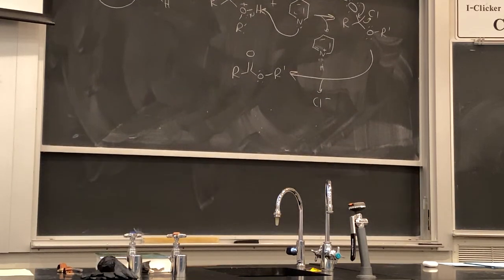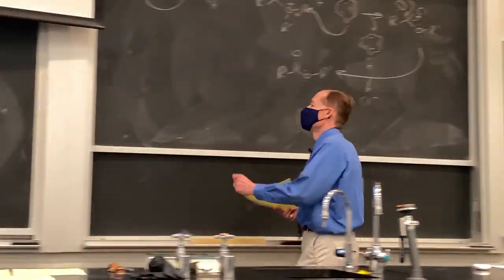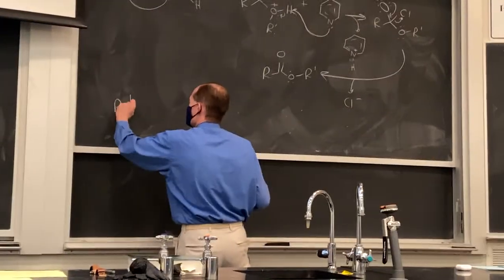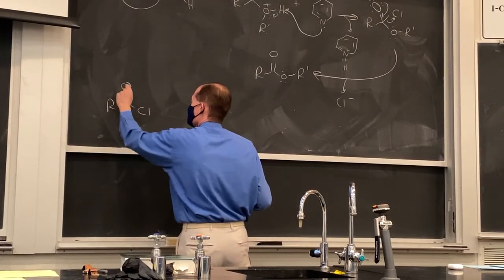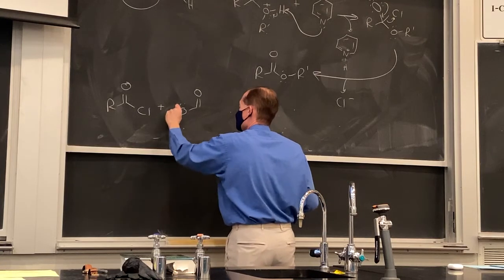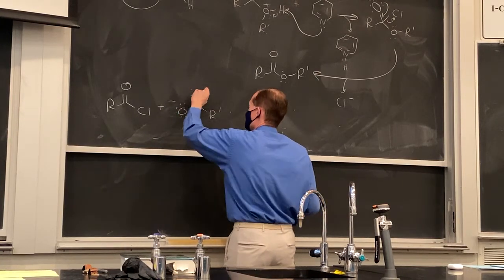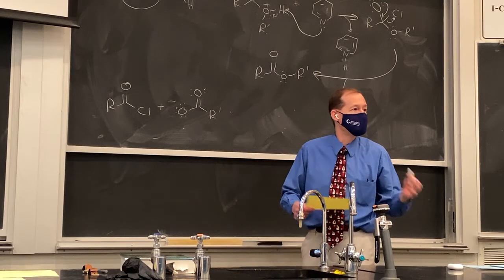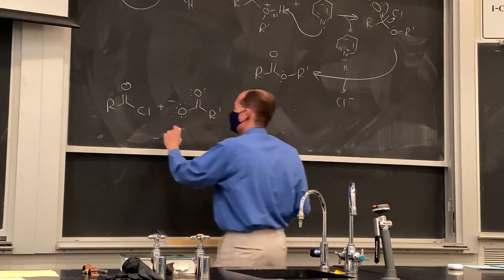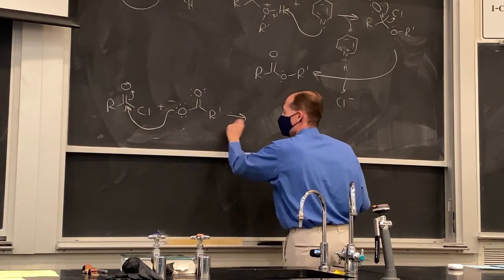So if we react an acid chloride with a carboxylate, the conjugate base of a carboxylic acid, now we have a negatively charged nucleophile. And so here we don't need the pyridine because we're not producing acid. So our carboxylate attacks.